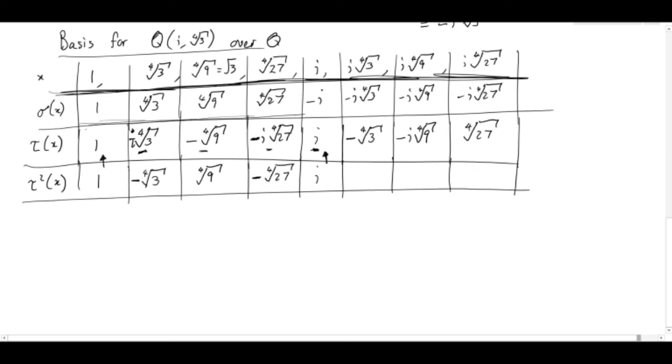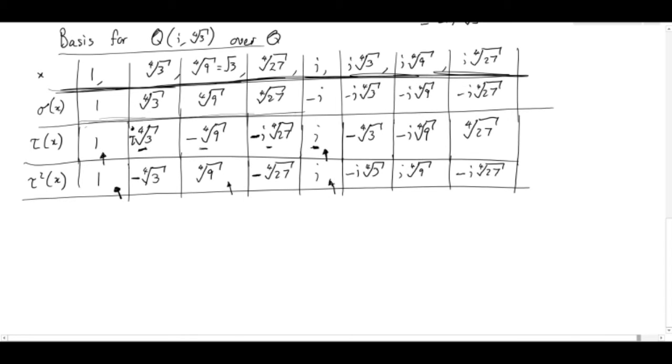And now we can put them together with i in these: minus i times the fourth root of 3, i times the fourth root of 9, minus the fourth root of 27. In other words, if something is fixed under tau squared, it must be generated by 1, the square root of 3, i, and i times the square root of 3.